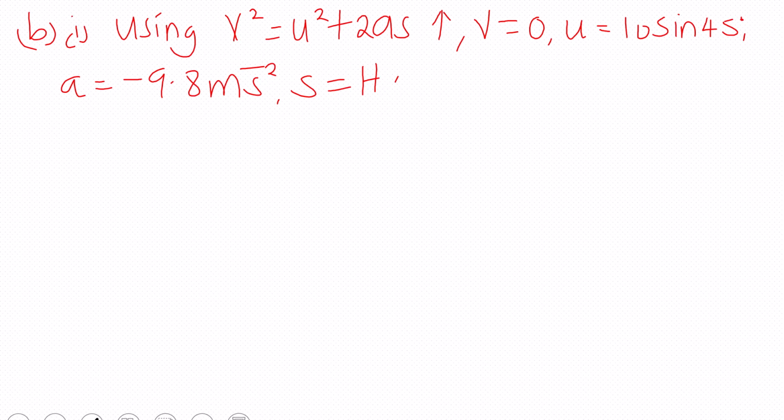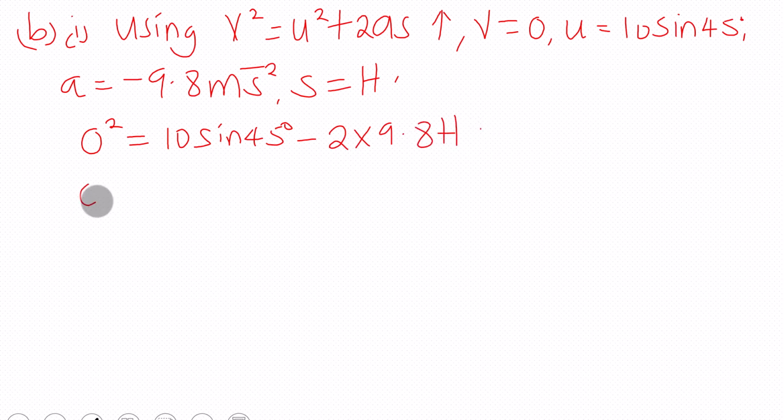So substituting this information here, we have 0 squared equaling 10 sine of 45 degrees, then minus 2 times 9.8 h. And we shall have 0 equaling 10 sine of 45 degrees minus 19.6 h.